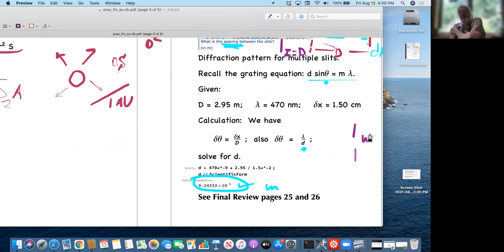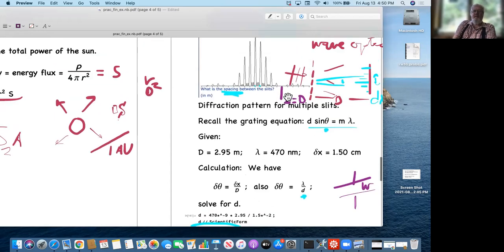So again, you can apply the formulas for single slit diffraction through a slit with width W, given the angle or the distance to the first dark region.